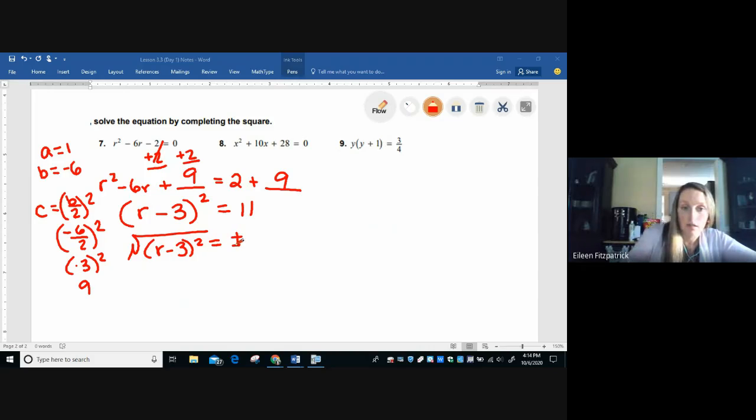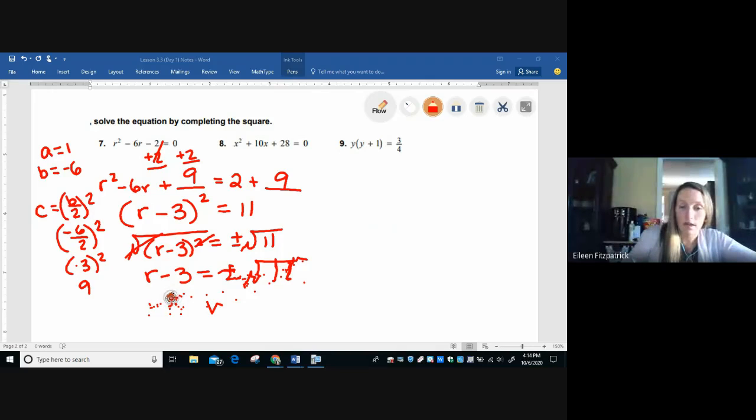Don't forget your plus minus. The square root cancels with the square, so you're left with r minus 3 equals plus minus the square root of 11. Right? Then you're going to, once my pen stops having a tantrum.